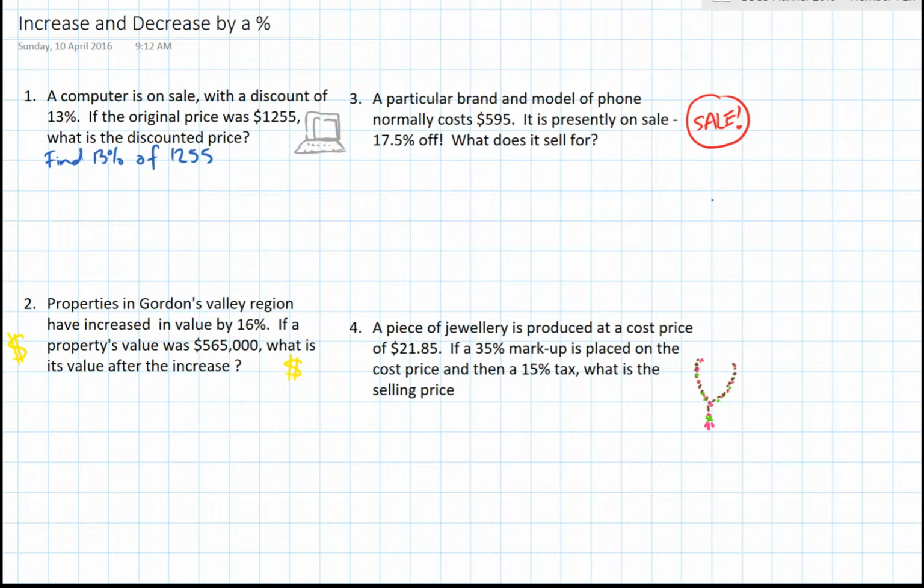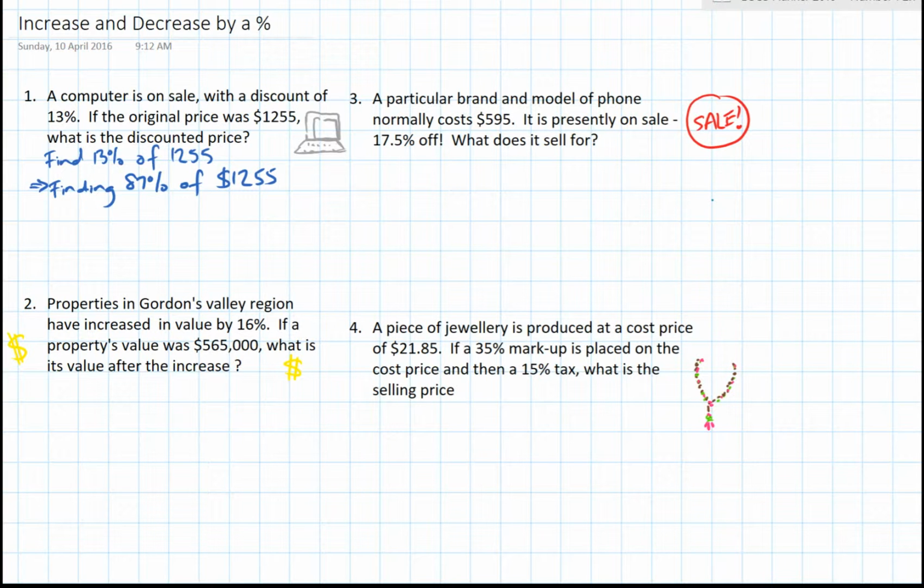So if we're removing 13%, that means we are actually finding 87% of $12.55.